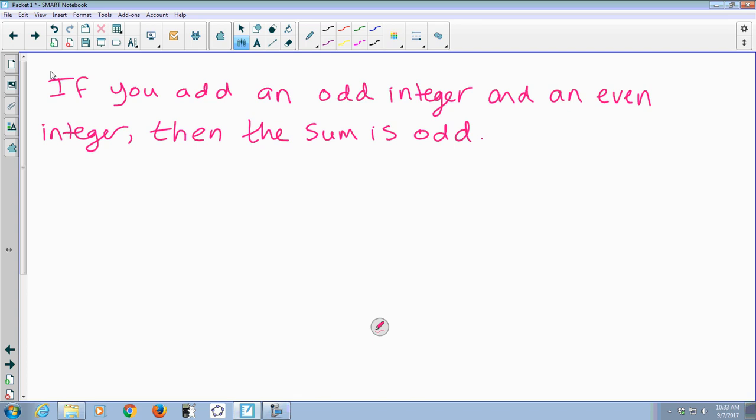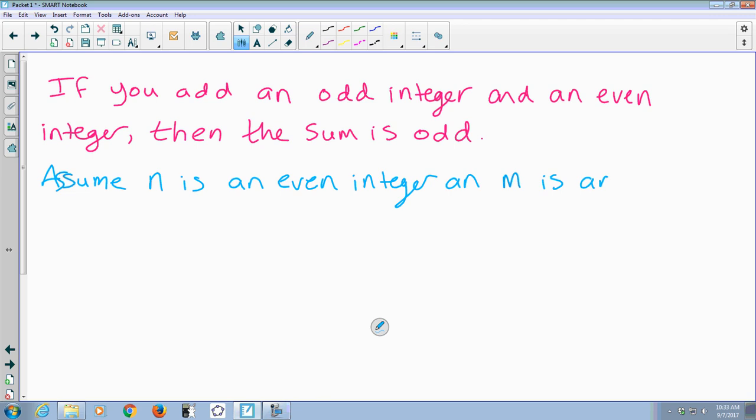So the way proofs work is you start by assuming the if part. You assume that that if part is true. So I'm going to assume we have an odd integer and an even integer. Assume n is an even integer and m is an odd integer. So I assume that I have an even and an odd, and I'm going to add them together, right?